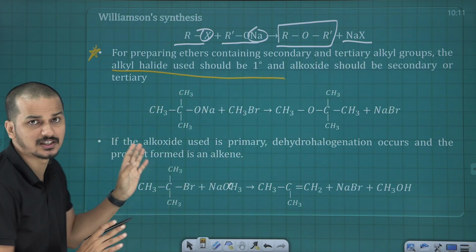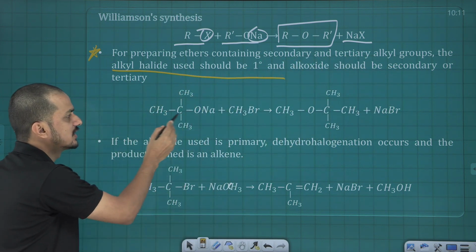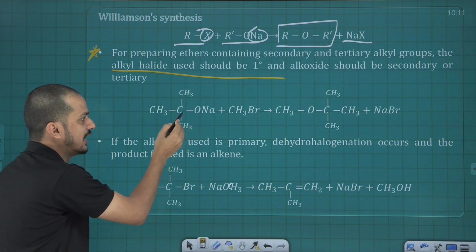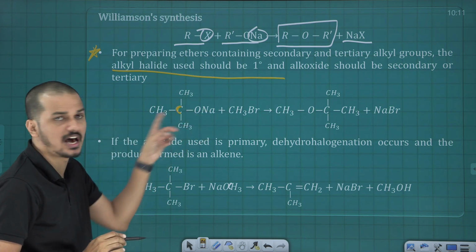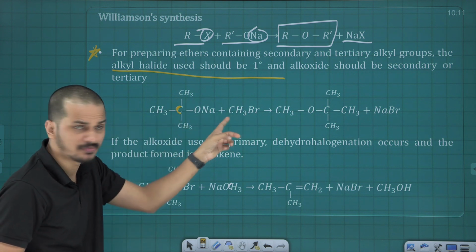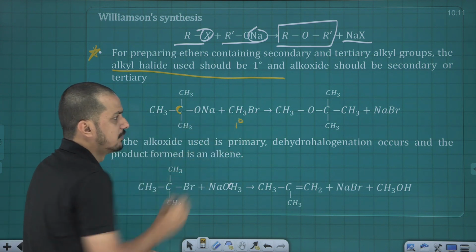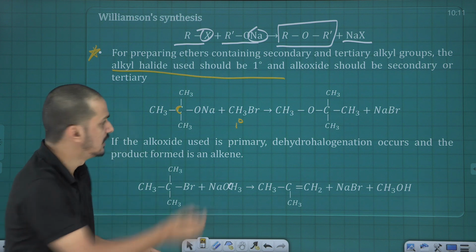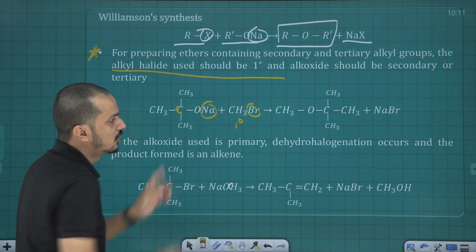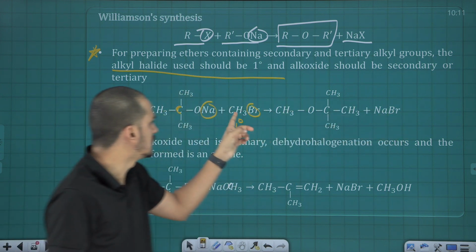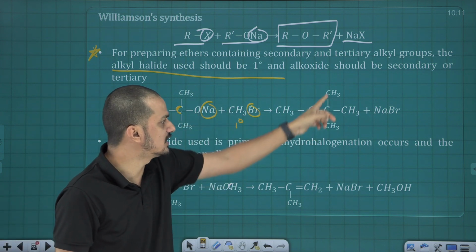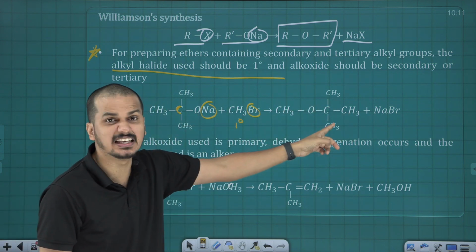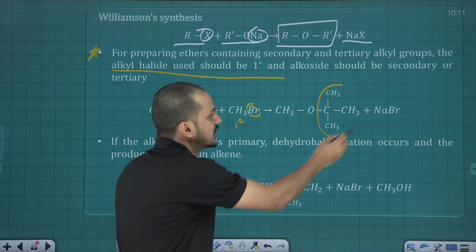For example, I have given here CH3C(CH3)2ONa. This one is a tertiary alkoxide, and I am treating it with a primary haloalkane. That time, Na and Br will go, giving you NaBr. This CH3 will go and substitute here. So you can see CH3OC(CH3)3. That means you are getting an ether in which a tertiary group is there.